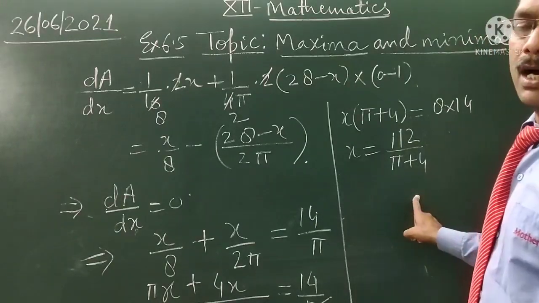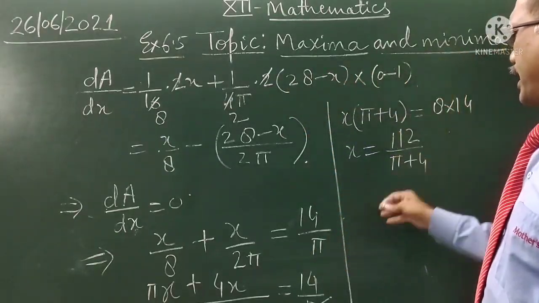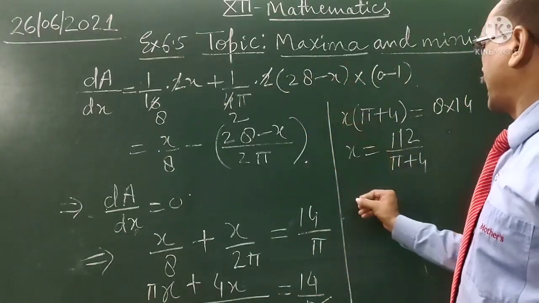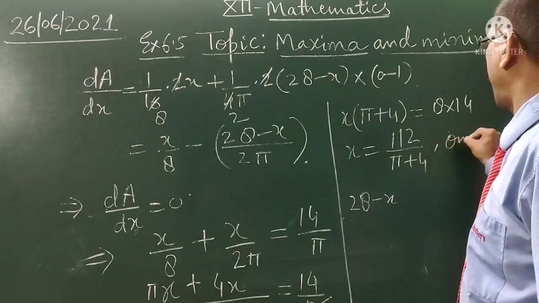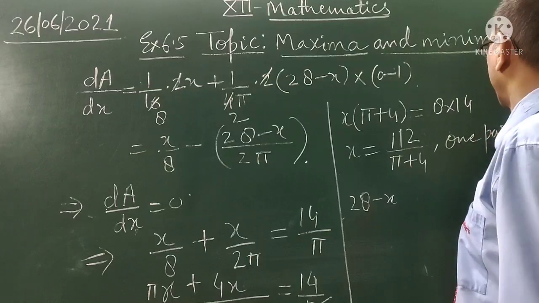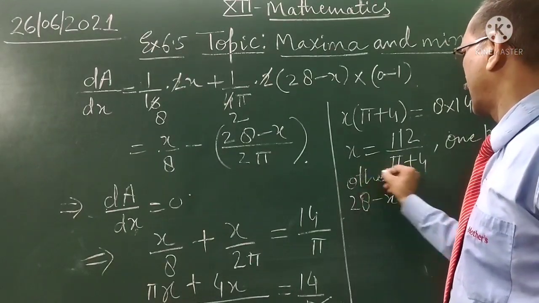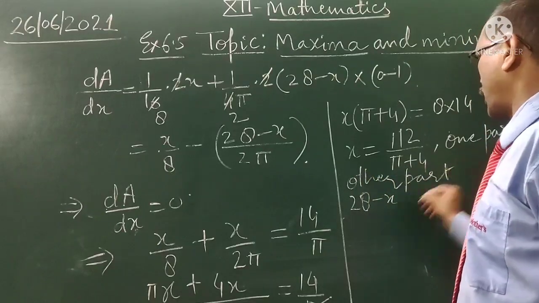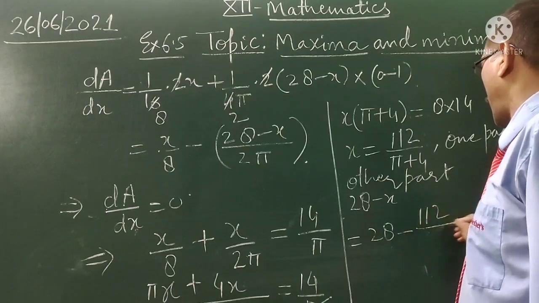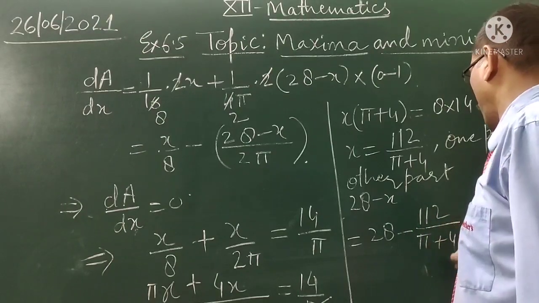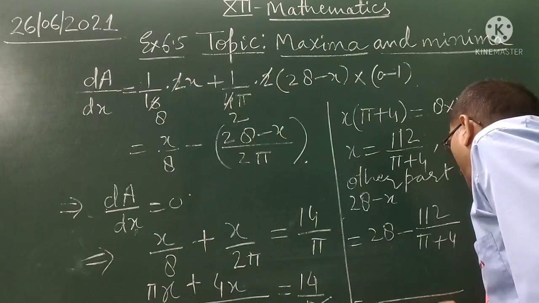This is one part of the length of the wire. The other part is 28 minus x. It is 28 minus 112 upon pi plus 4. Then pi plus 4 is common.